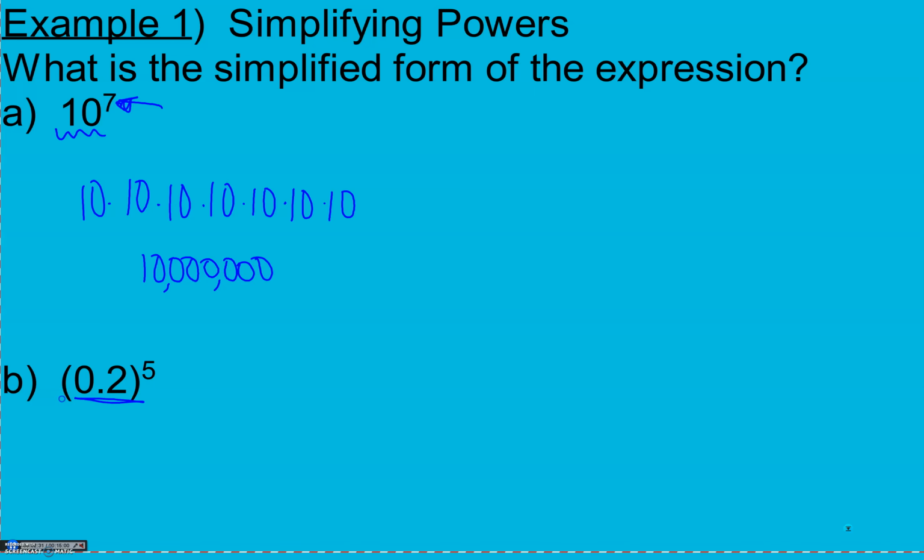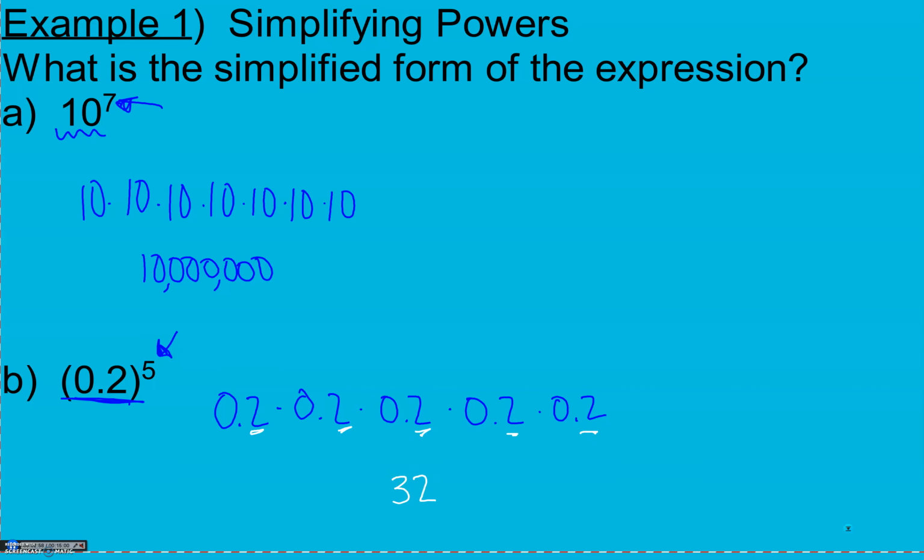Same idea here with b. I take my base times itself, exponent number of times. Now I'm going to take just the number parts here first. So 2, 2, 2, 2, 2. I'm not going to worry about my decimals yet. 2 times 2 is 4, times 2 is 8, times 2 is 16, times 2 is 32.